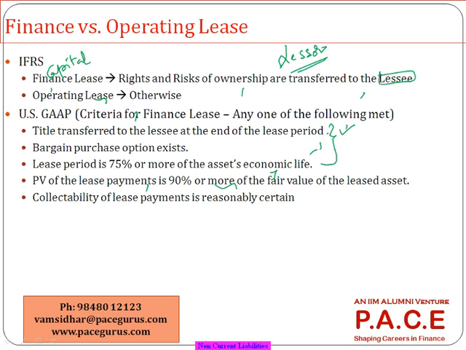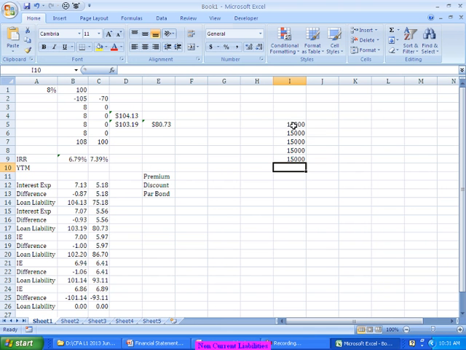And if you have signed a lease agreement for at least 75% of the years of the useful life, or whatever the lease payments you are making, the present value of all of them, like here you are paying the lease payments of 15,000 over the next 5 years. What is the present value of all of them?